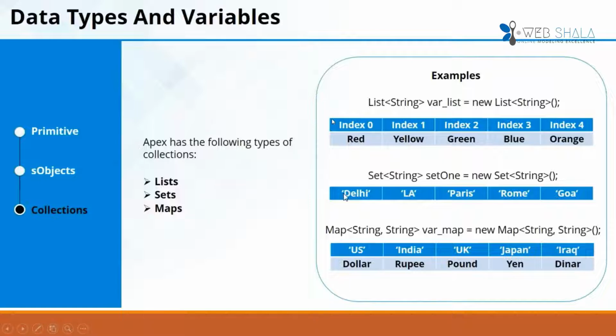Okay, so let's focus on what a list is first. List of string. So how do we write a list object in Apex? We write List first, then put the less than and greater than marks, and inside we put the data type.